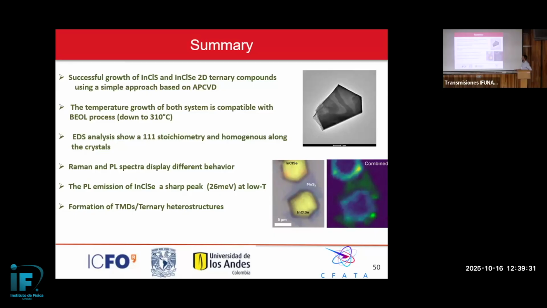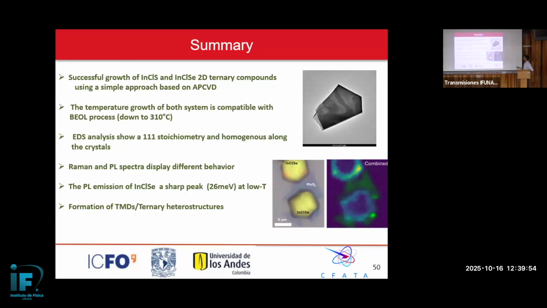So we managed to characterize them using Raman and PL, and the emission of indium chlorine selenide is very weird, right? I also showed you that it is possible to create some interesting structures based on ternary compounds and TMDs.